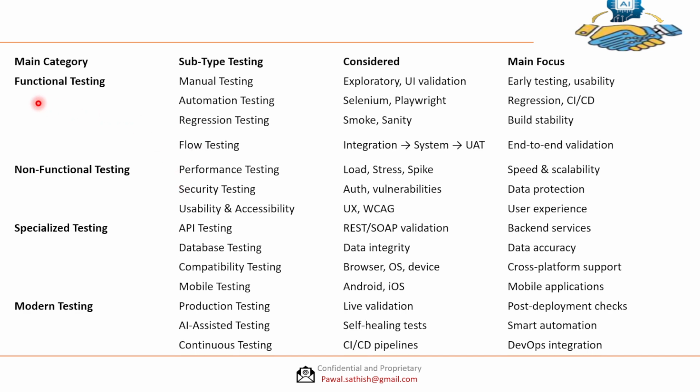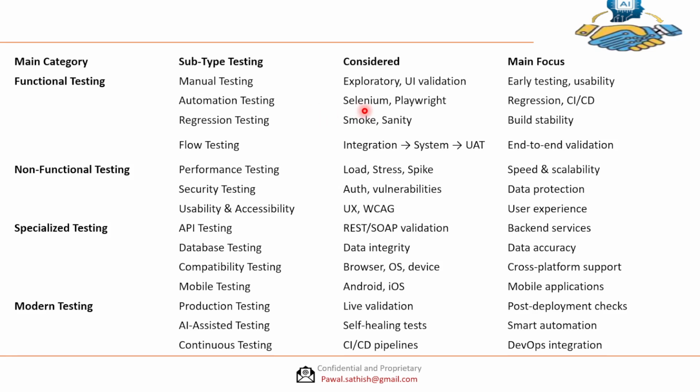Next, this is the slide where I have mentioned everything. Here you can see the main categories, subtypes of testing, what we need to consider, and the main focus. Software testing is the main category. Inside that is functional testing. Under functional testing, we are covering manual testing, automation testing, regression testing, and flow testing. In manual testing, the manual team is involved, mostly considering UI validation, exploratory testing, and early testing.